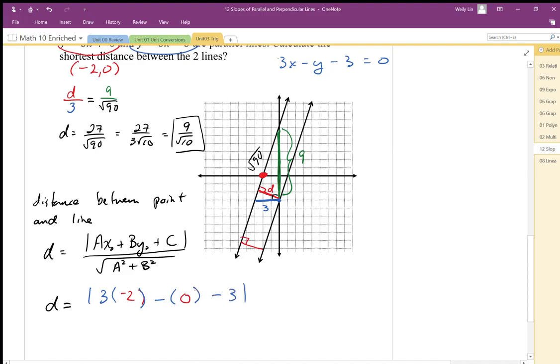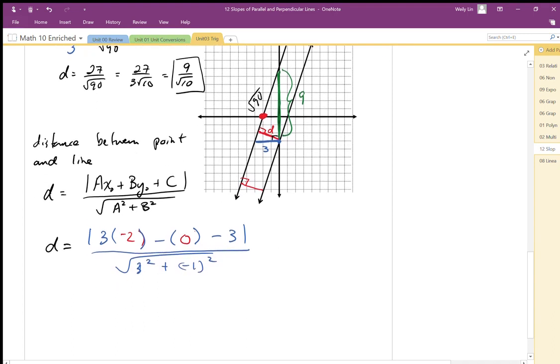So notice how all I've done is taken this general form equation, that same one there, taken the coefficients, and plugged in my x and y of the point that I want to find the closest distance to. And then I'm going to divide that by the square root of a squared plus b squared.